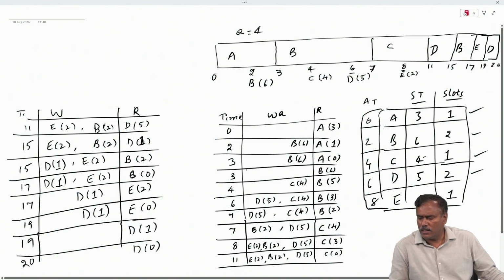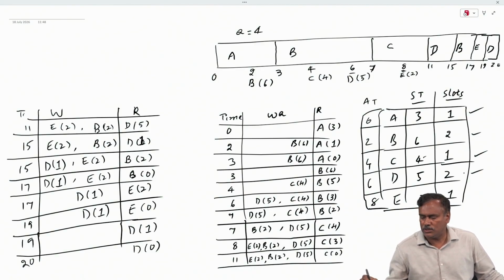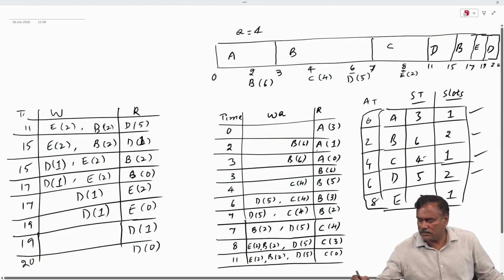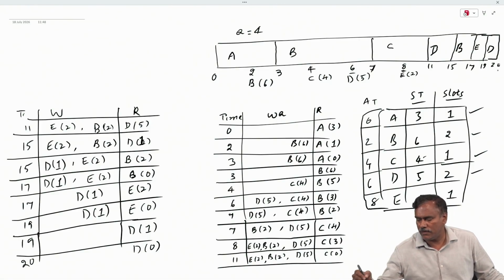Moving on, coming to process D, you know that D has been executed in 2 slots. So in the first slot it started at 11. So 11 is the start time of D, and in the second slot it has been executed from 19 to 20.